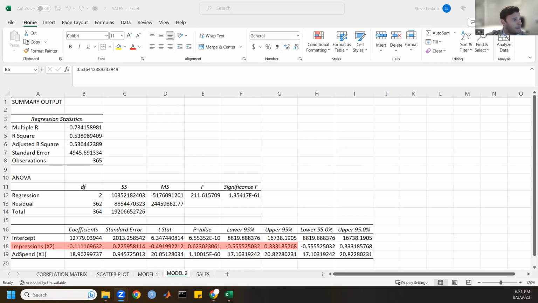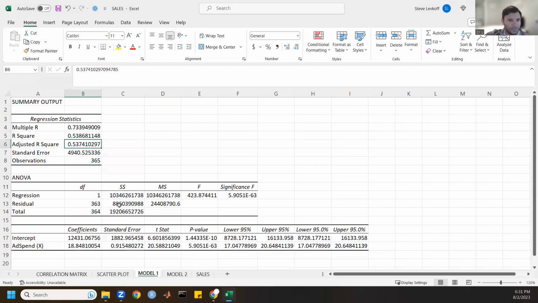Okay. In terms of the residual standard error, you'll notice model 2 is not dramatically different than model 1. We are roughly 5,000 units off on average in predicting sales on any given day. Okay, 4,945. Model 1 is just a little bit better in that regard.